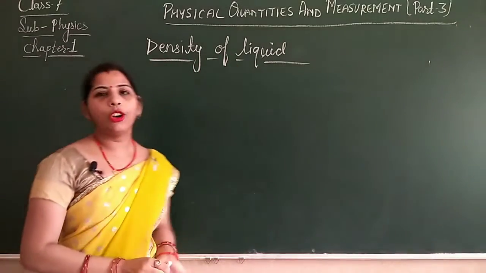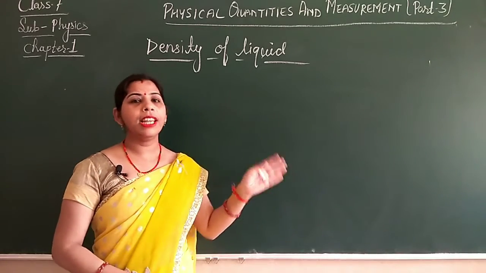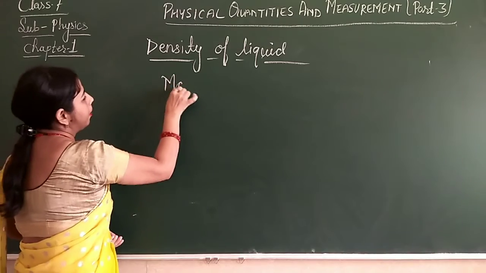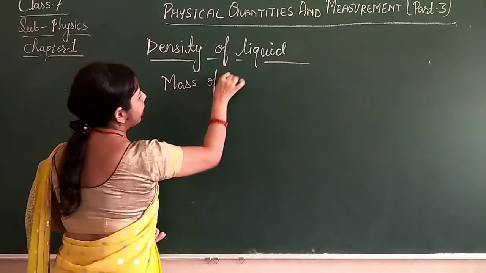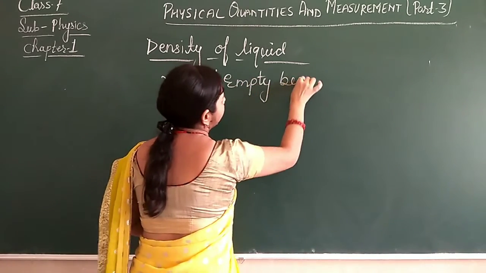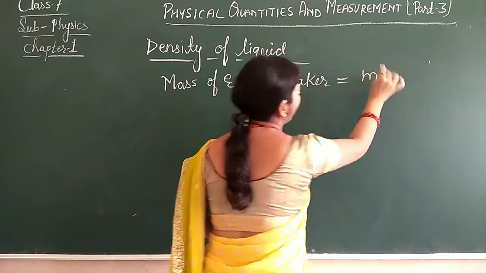Now the density of a liquid. If we want to measure the density of a liquid, it is very necessary to measure the mass of that particular liquid. For mass, just take an empty beaker and measure its mass. The mass of the empty beaker will be small m.